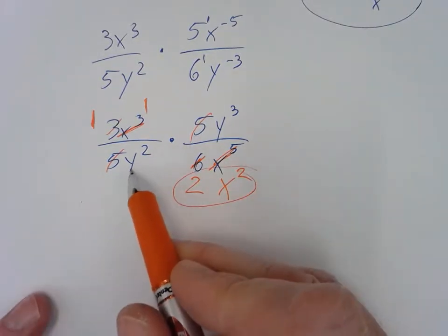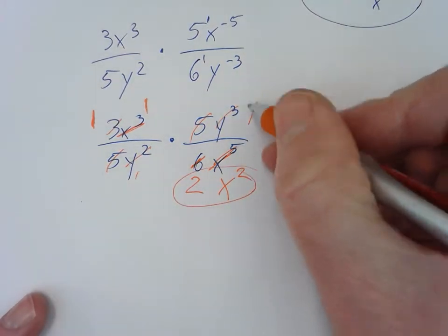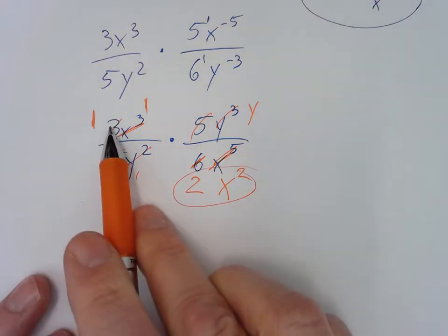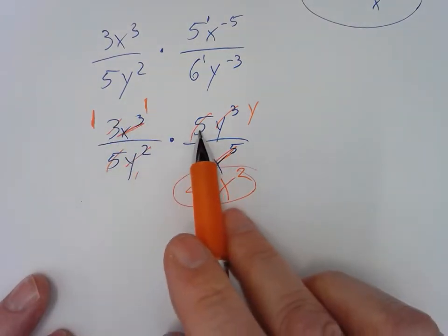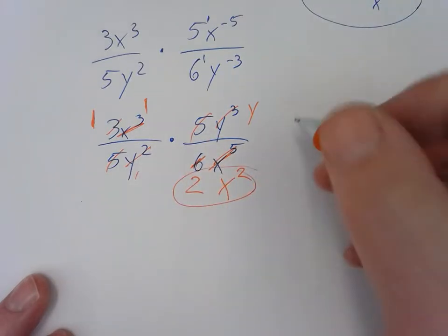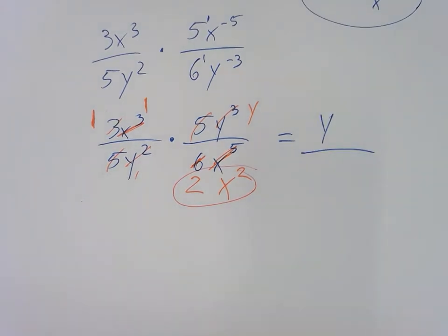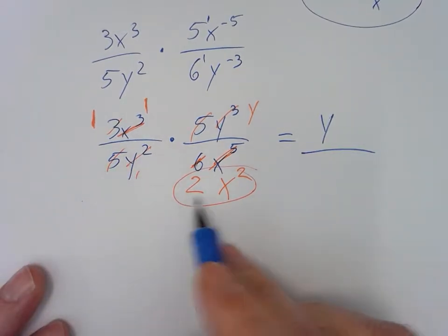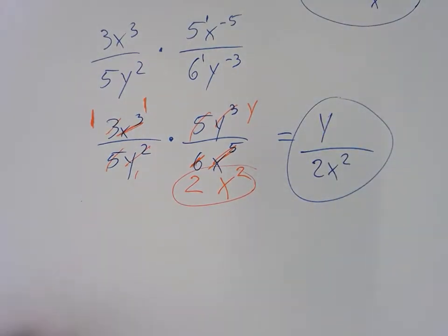And then the same thing here. This goes away, turns into 1, and then I have y up here. So the 3 is gone because it went into there. This is gone because it went into there. And that's gone because it went over there. So the only thing left on the top of the fraction is y. And then on the bottom of the fraction, that all turned to 1s, and then 2x squared. So that would be the final answer for this one.